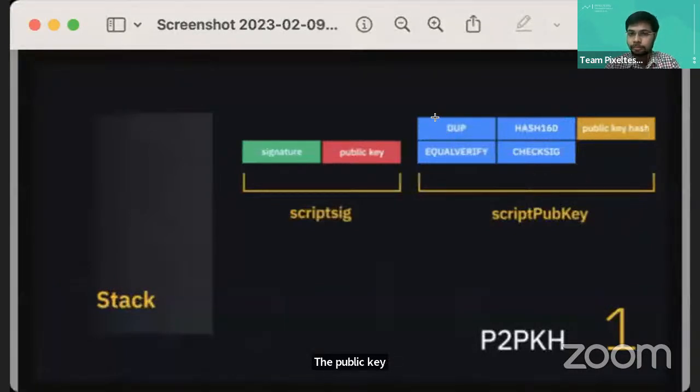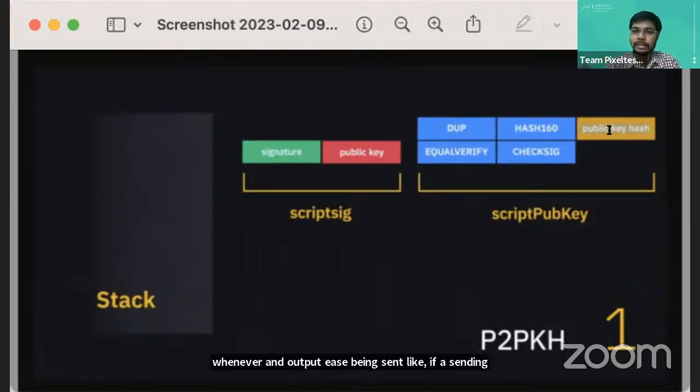So you can see that the operations DUP, HASH160, EQUALVERIFY and CHECKSIG are there along with the public key hash, right? So whenever an output is being sent, like if A is sending to B, B's public key hash is also included in that, right? So this is the first step.